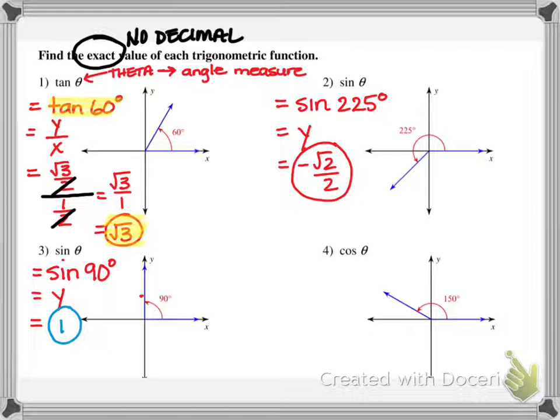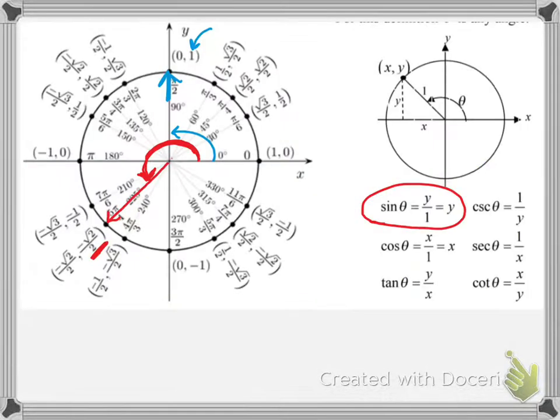Cosine of theta. So we now do cosine of theta, the given angle substituted to be 150 degrees. Then we go back to our unit circle and our formula, and we see that, well, cosine is what?